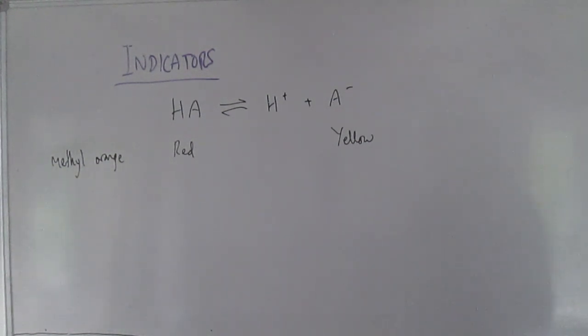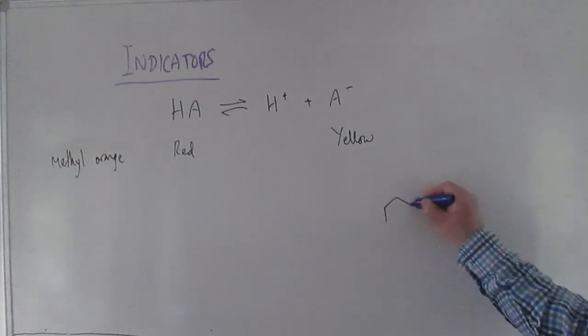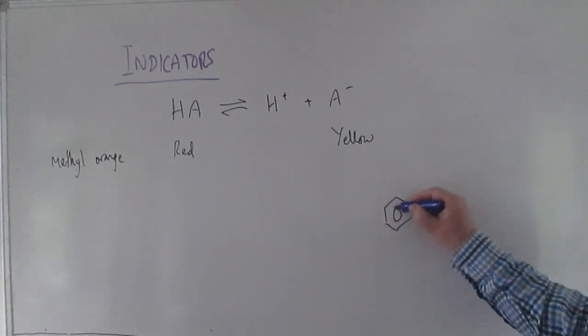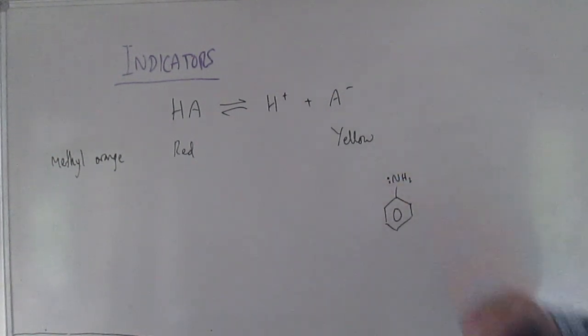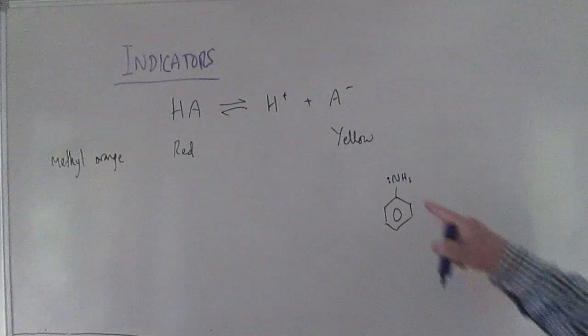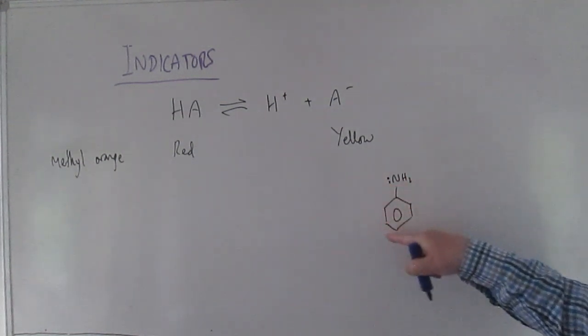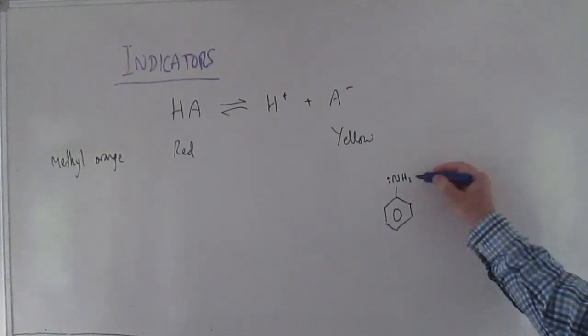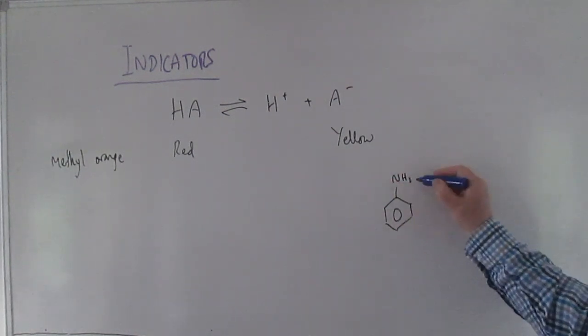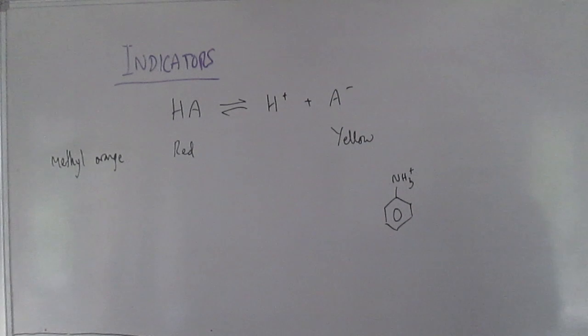And if you think about pi systems, if you think about just a very simple one like this, you know that if it has an amine group attached to it, for example, that lone pair will become delocalized into the ring. But of course, if that becomes protonated and uses that lone pair to form that, then it's obviously no longer available to be delocalized into the ring.